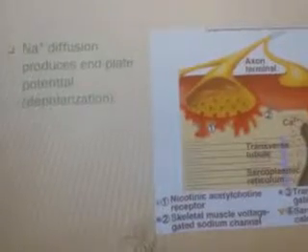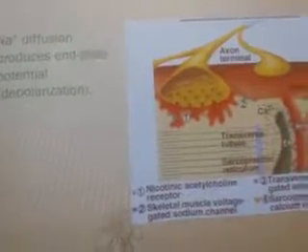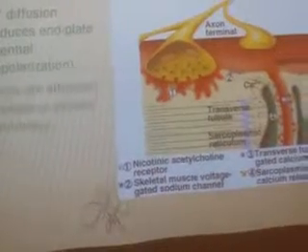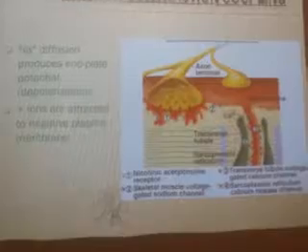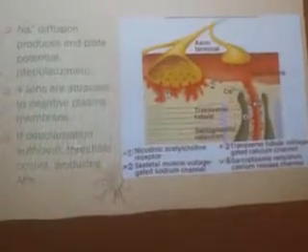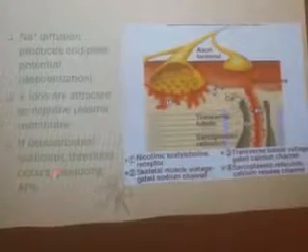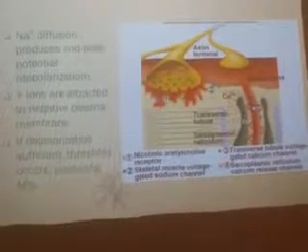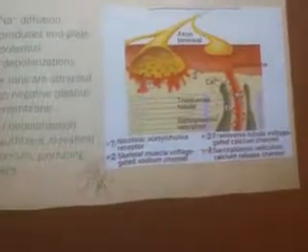We have discussed that in the last class. Depolarization occurs when the threshold is reached, positive ions attracted to the negative plasma membrane. If depolarization is sufficient, threshold occurs, producing the action potential. As I said, when it reaches the firing level, it produces the action potential.